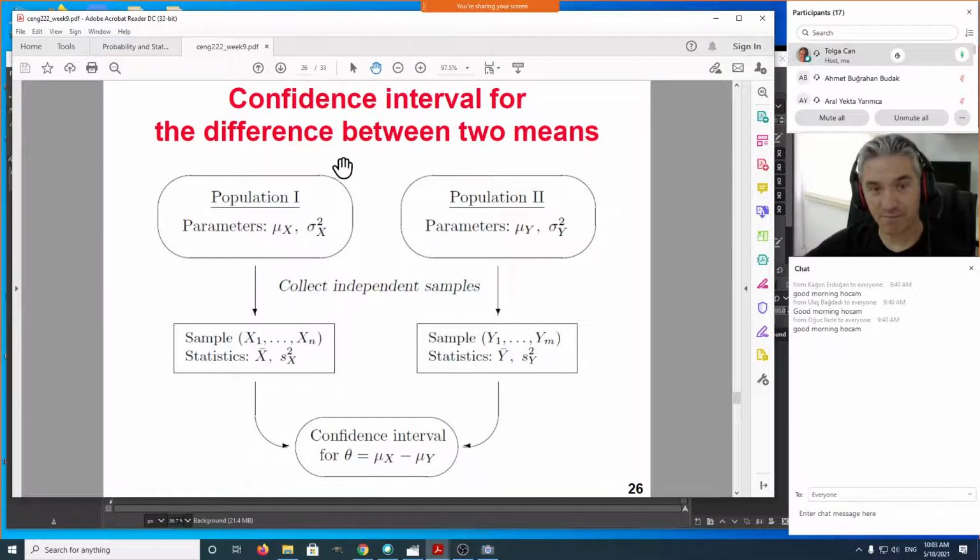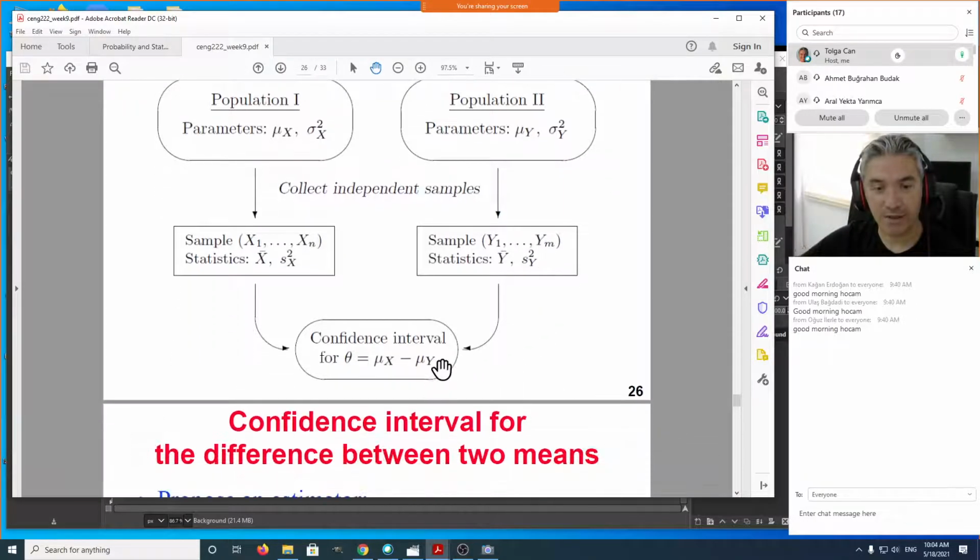But we will compare two populations a lot. When we're comparing things, for example, Northern Europeans are taller than Southern Europeans, these are two populations, and the heights of these populations are our two means.